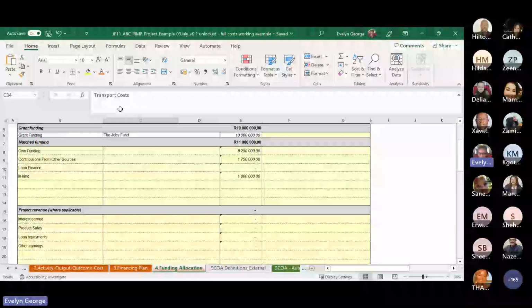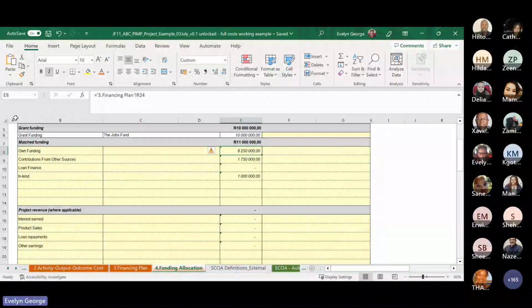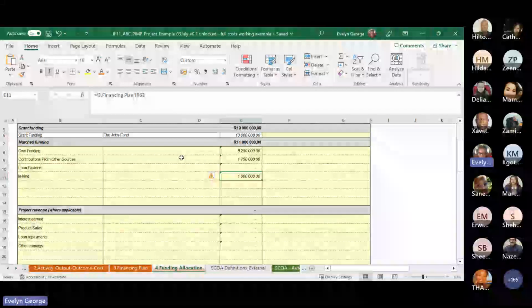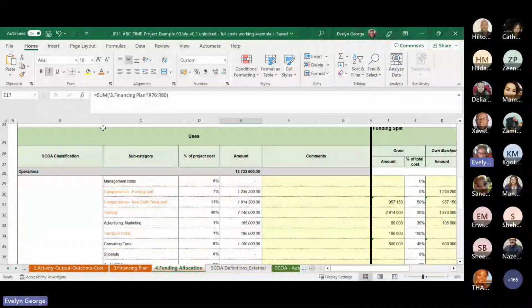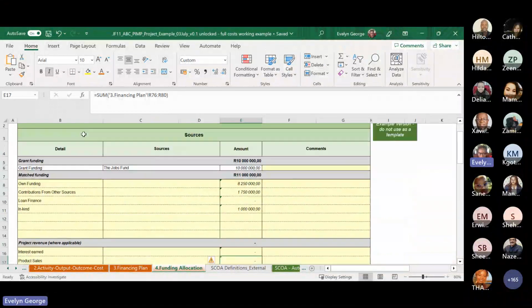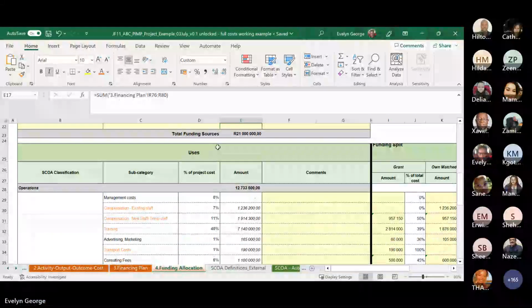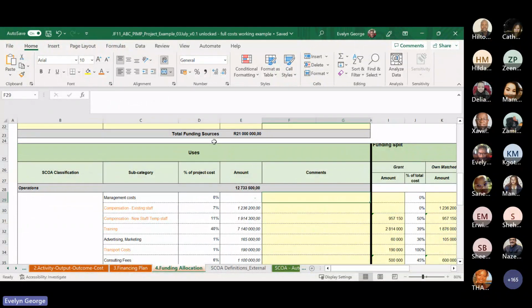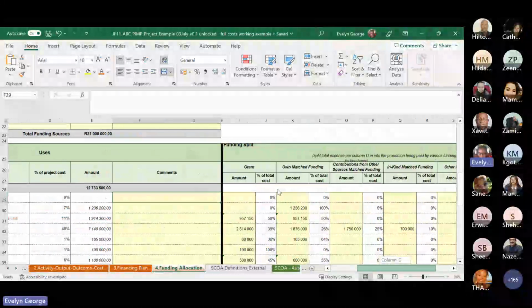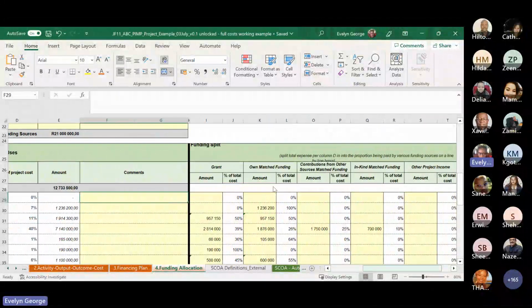As you can see, all these entries are pulled in from places in the PIMP itself. You don't need to do anything here. In fact, you don't need to do anything in the top part of this document. What we want you to complete is the comments and how you sought to allocate the funding across funders.